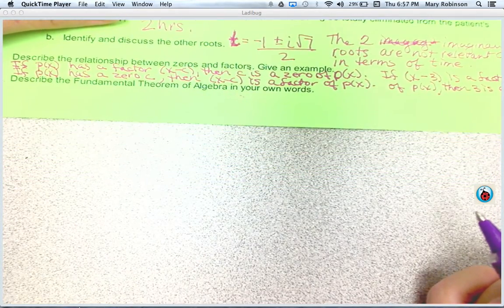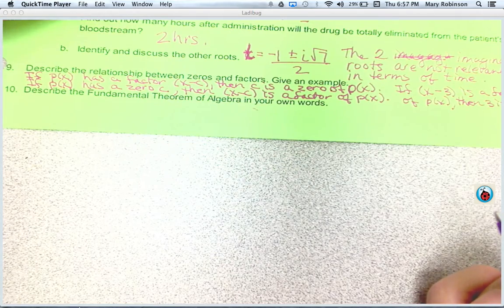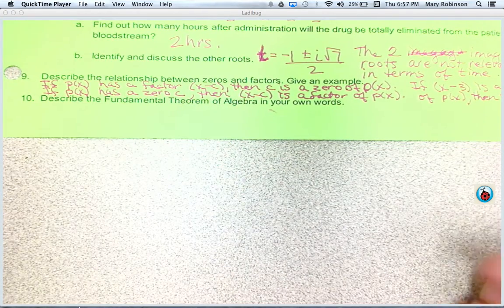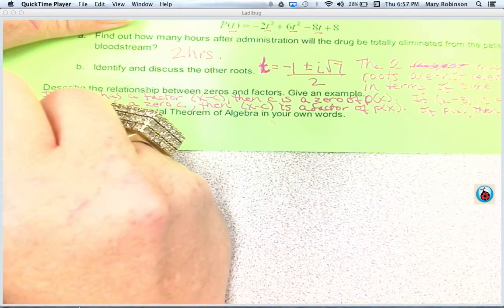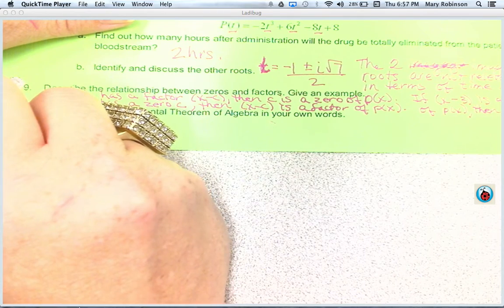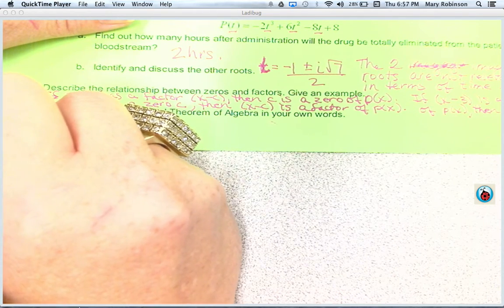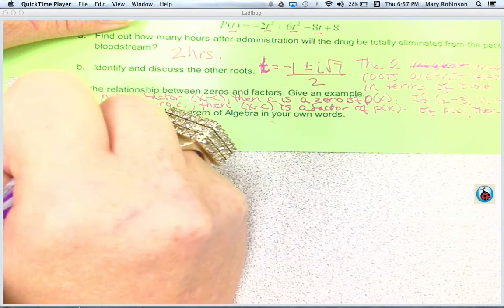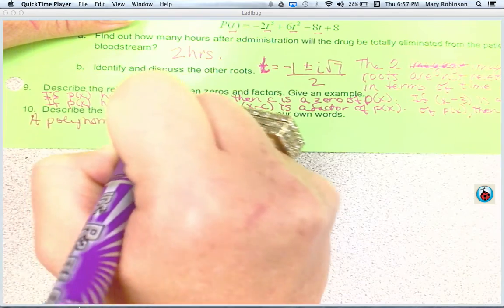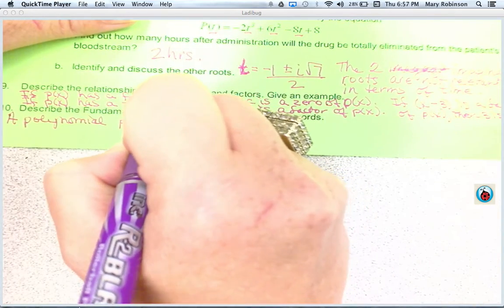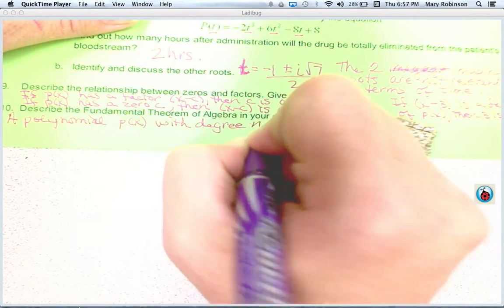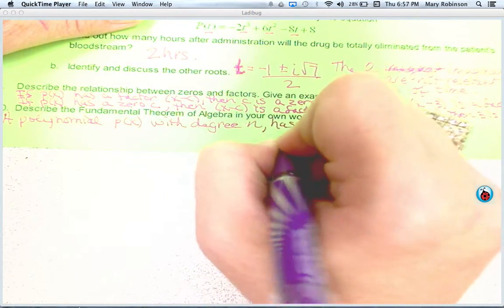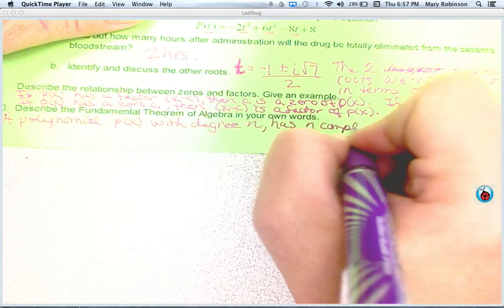Next, it says to describe the fundamental theorem of algebra in your own words. Remember, the fundamental theorem of algebra basically says that the degree of a polynomial tells you how many complex roots you have. So we'll say a polynomial p of x with degree n has n complex roots.